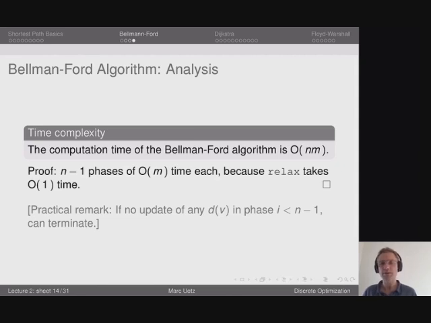The next algorithm is going to be for a special case, namely when all the arc lengths are non-negative. And in that case, we can shave off this computation time, essentially an additional factor n. And that is known as the famous algorithm of Dijkstra. So computing shortest paths in directed graphs with non-negative arc lengths.